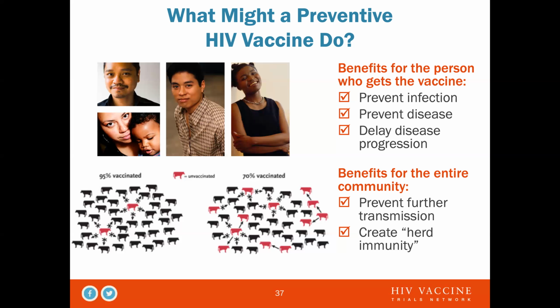We are seeing an example of this in the US today, where we are losing our herd immunity to measles and pertussis, which is whooping cough. Since these diseases have not been a problem for many years, parents may think it is not important to vaccinate their children.